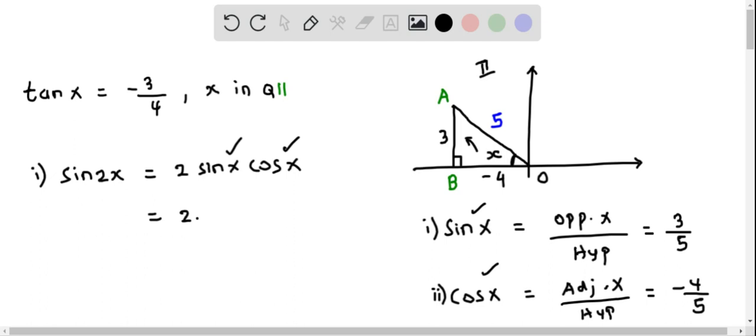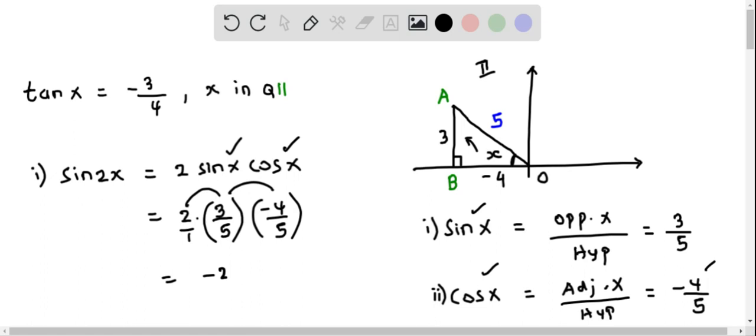So let me replace sine x by 3/5 and cosine x by negative 4/5. And we can simplify this. We multiply the numerators. This 2 we can consider as 2 over 1. 2 times 3 is 6, and 6 times 4 is negative 24. And then 1 times 5 is 5, 5 times 5 is 25. So we have determined that sine 2x equals negative 24/25.